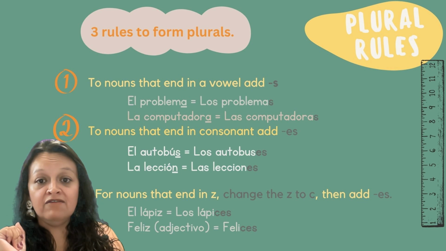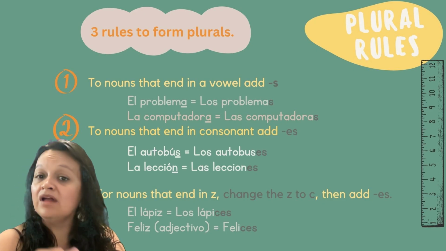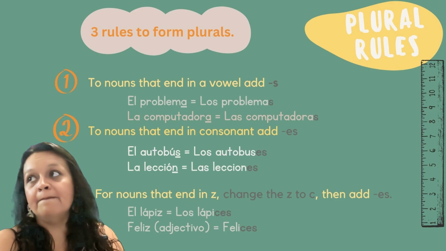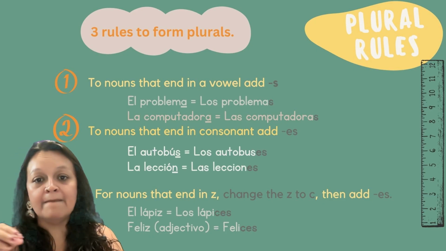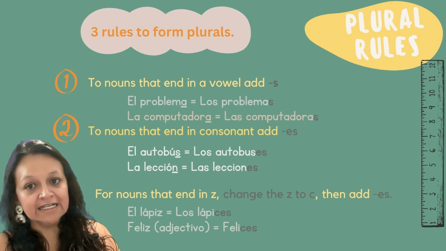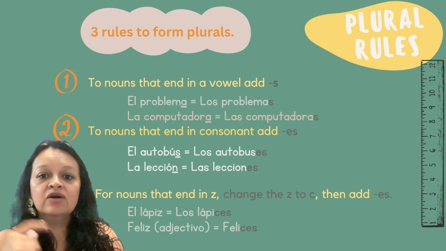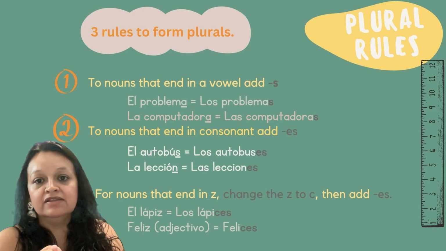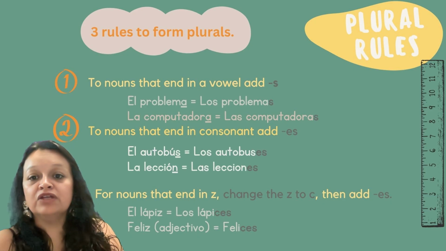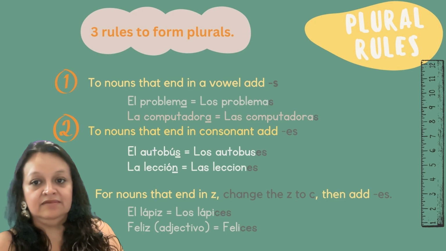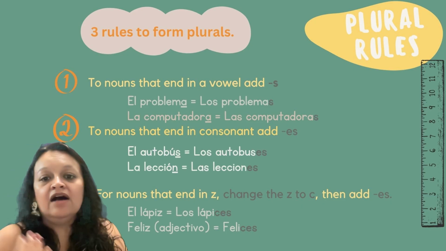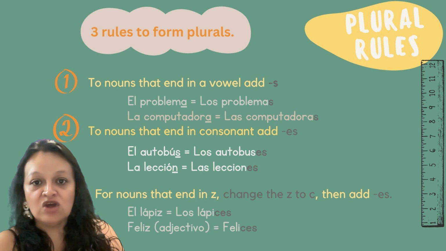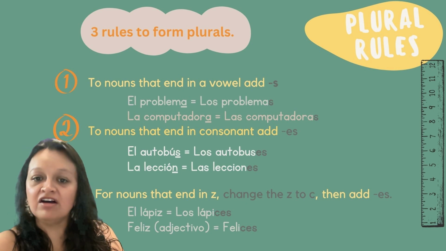First, if a noun ends in a vowel, a, e, i, o, u, just add an S, like el problema ends in a, problemas, los problemas, you add an S. Computadora, computer, ends in a, computadoras, add an S. So what happens when they end in a consonant?